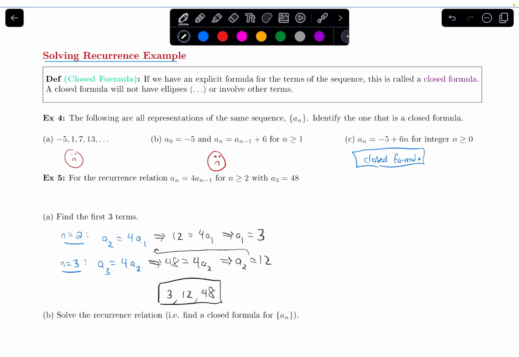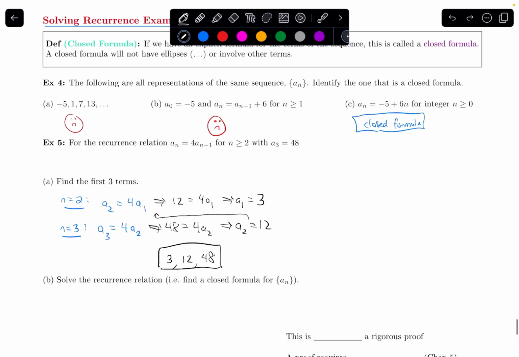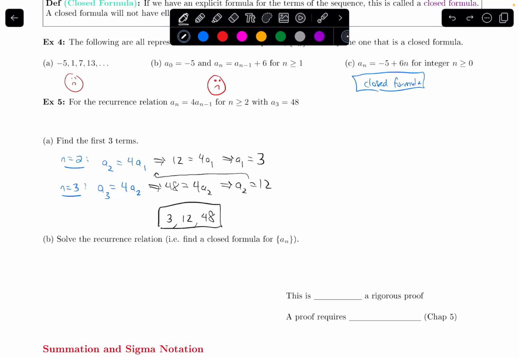Now in part B, let's actually solve this recurrence relation. What that means is, for this recurrence relation, I want to find a closed formula: an equals some formula that will involve n, with no previous terms. So how can I do that?